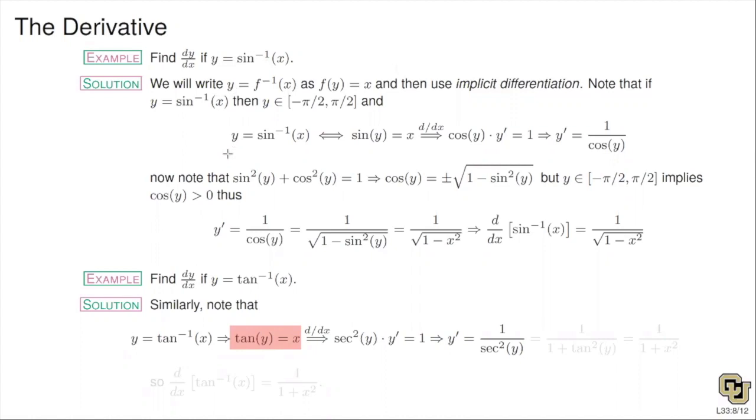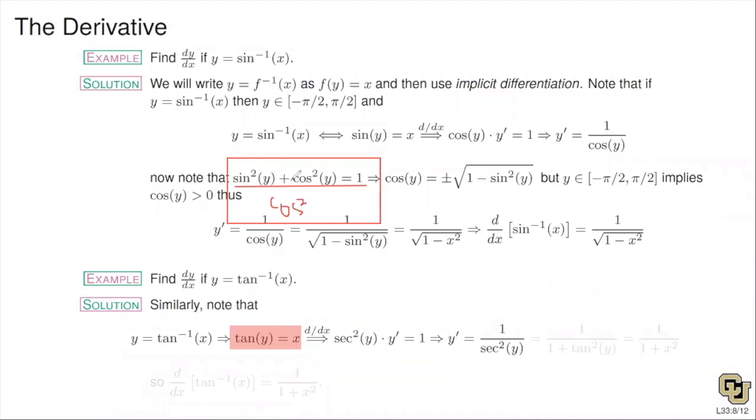So now if you go back to this identity, I don't know if you remember this identity, but starting from sine squared plus cosine squared equals 1, if you divide both sides by cosine squared, then I get sine squared over cosine squared, which is tangent squared, plus cosine squared over cosine squared, which is 1.